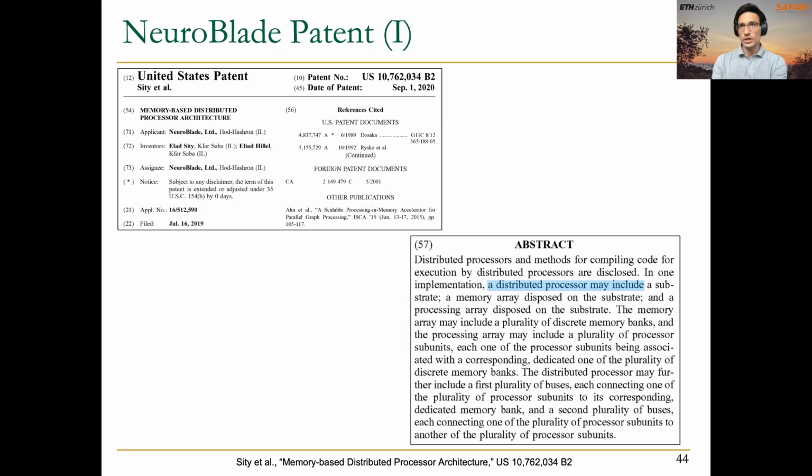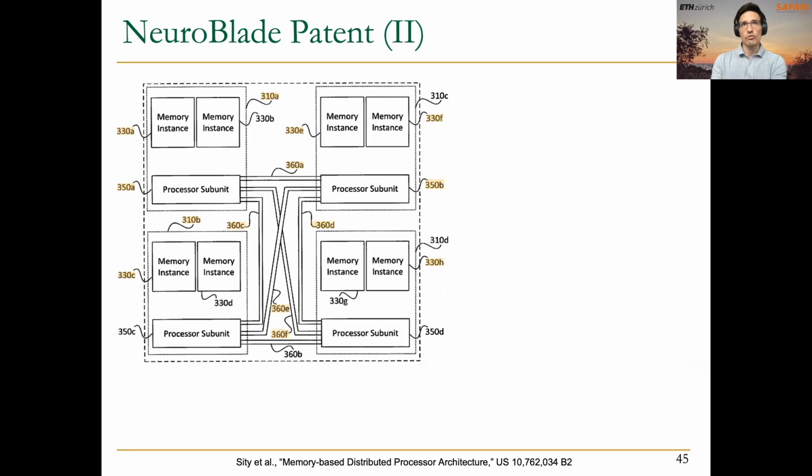It's a kind of distributed processor composed of memory arrays and processing arrays. In the processing arrays, we find processor subunits that are associated with memory banks. And these processor subunits can also be connected to other processor subunits in different ways with different network configurations.